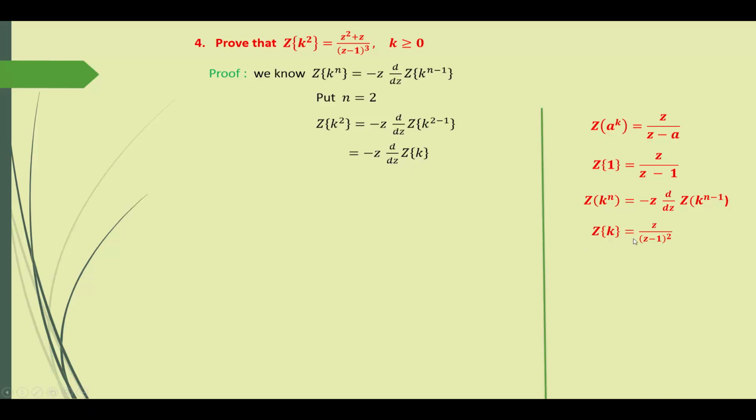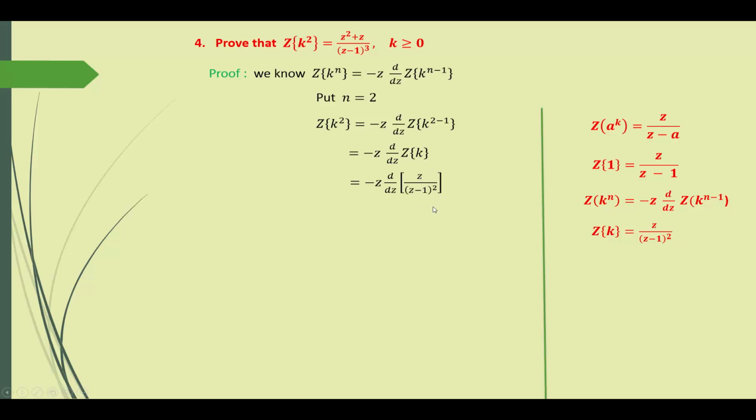Now z transform of k is z upon (z minus 1) square, so equal to minus z into d by dz of z upon (z minus 1) square.